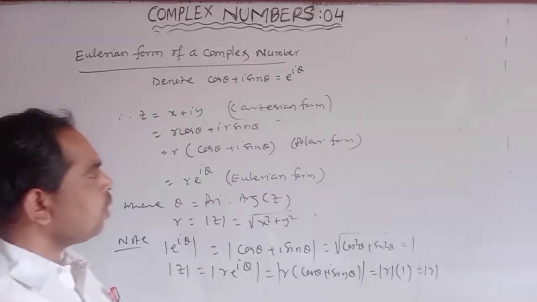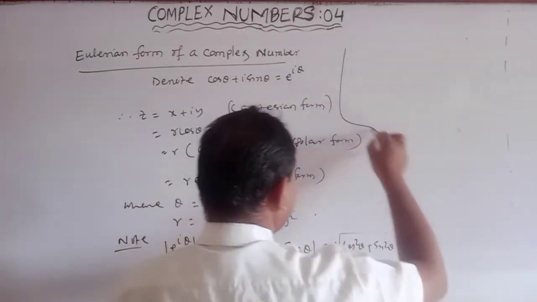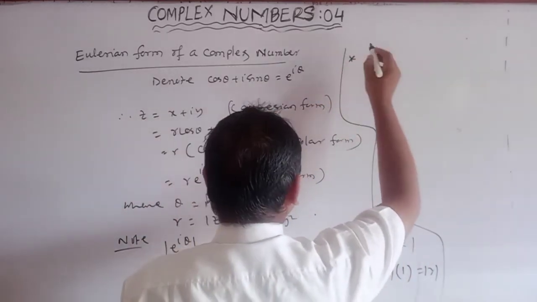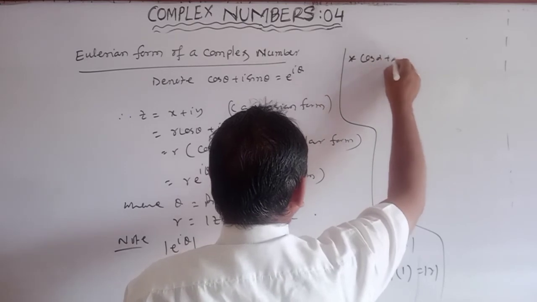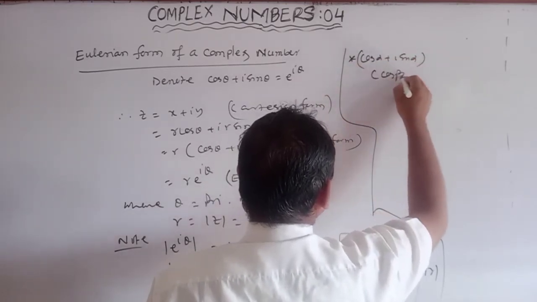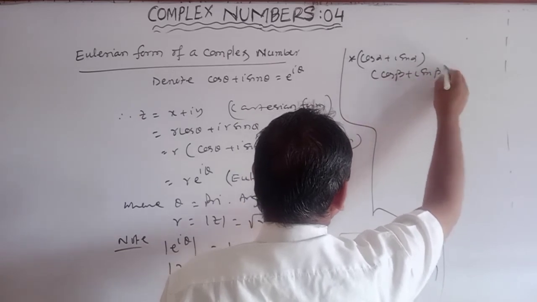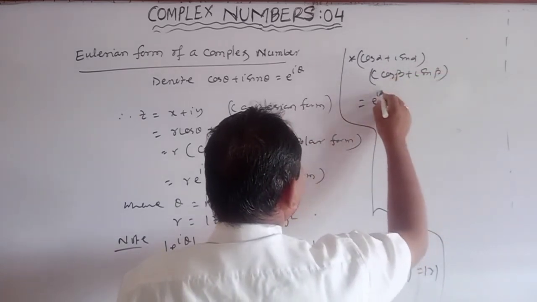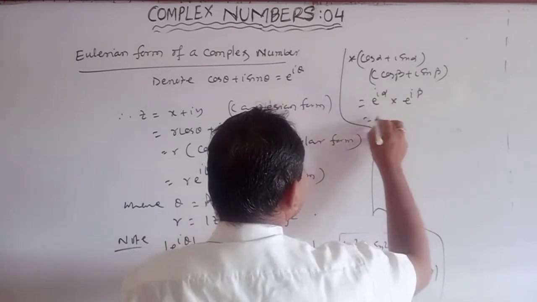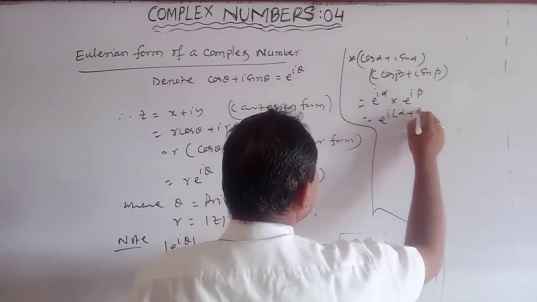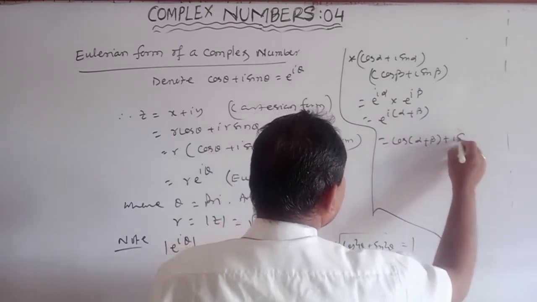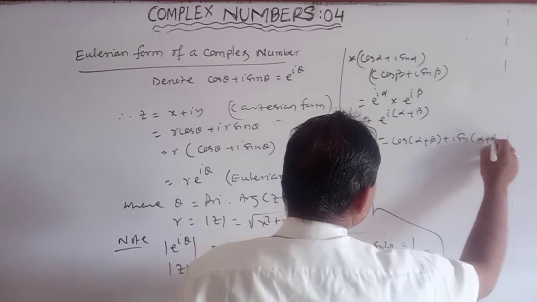Okay. Next, second one: cos alpha plus i sin alpha into cos beta plus i sin beta is equal to e to power i alpha into e to power i beta, which is equal to e to power i into alpha plus beta, which is equal to cos of alpha plus beta plus i sin of alpha plus beta.